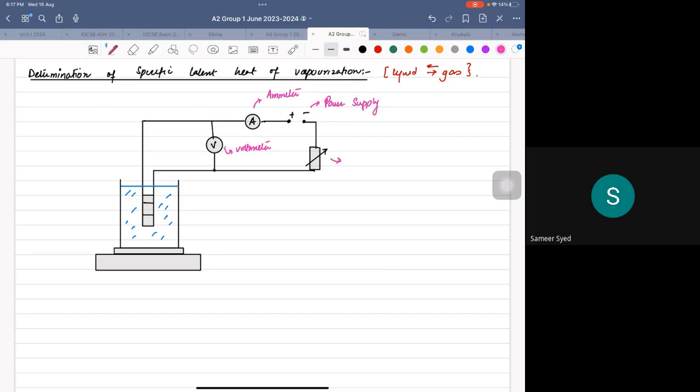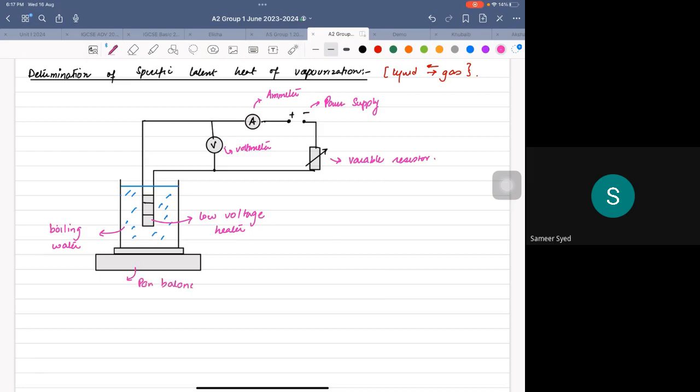This is the variable resistor. This is the low voltage heater. We want to keep it low voltage because we do not want the water to be heated very quickly. So this is the boiling water, and this is the pan balance.